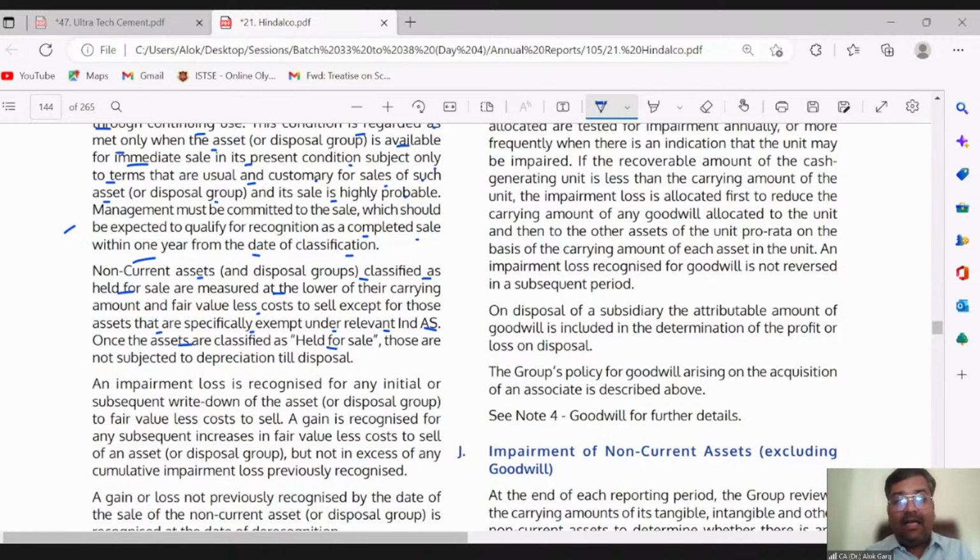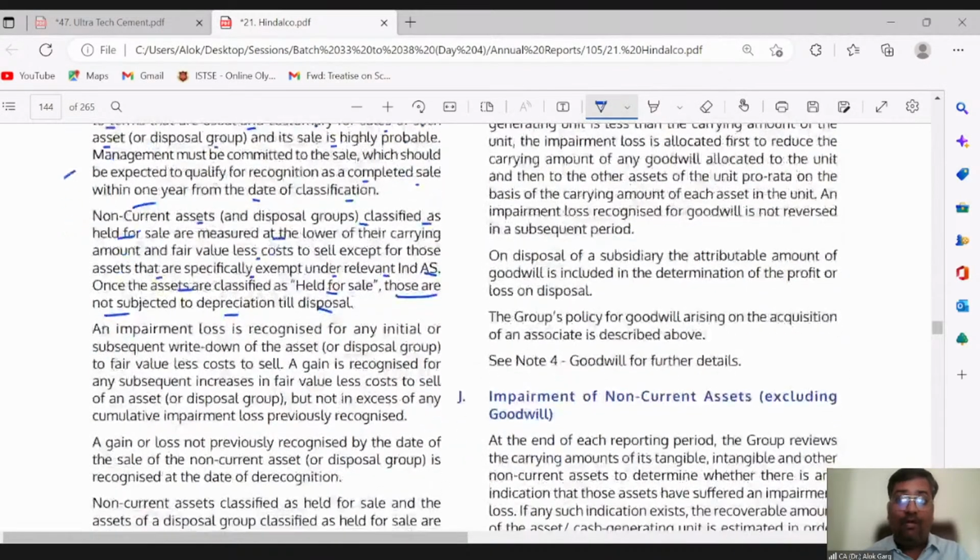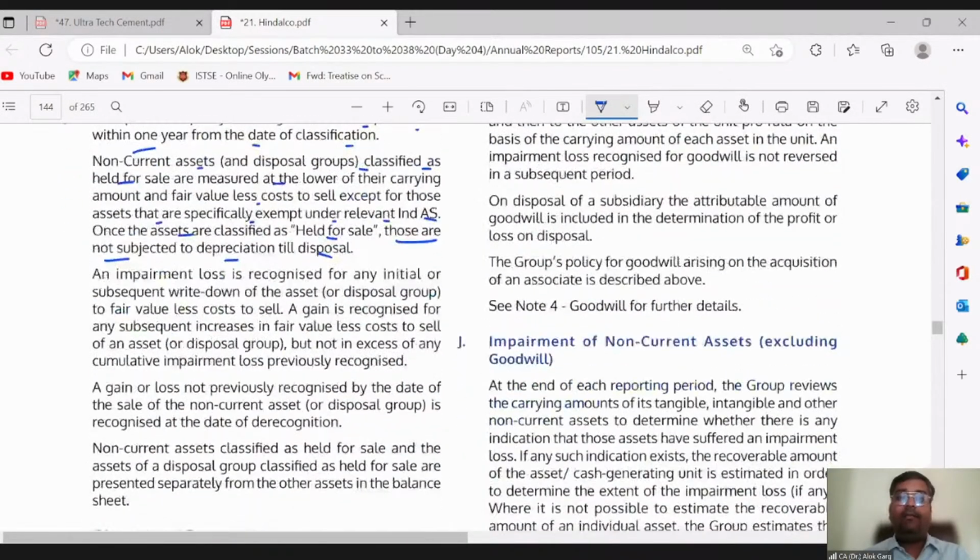Once the assets are classified as held for sale, they are not subject to depreciation till disposal. I have told you that depreciation is not applicable. An impairment loss is recognized for any initial or subsequent write down of the asset or disposal group to fair value less cost to sell.